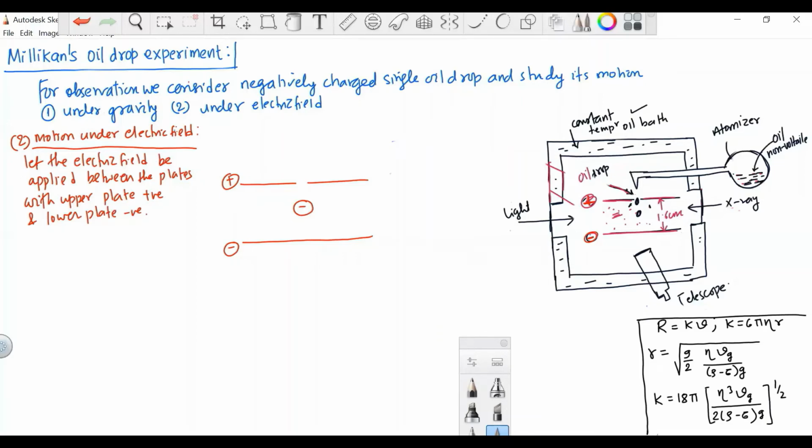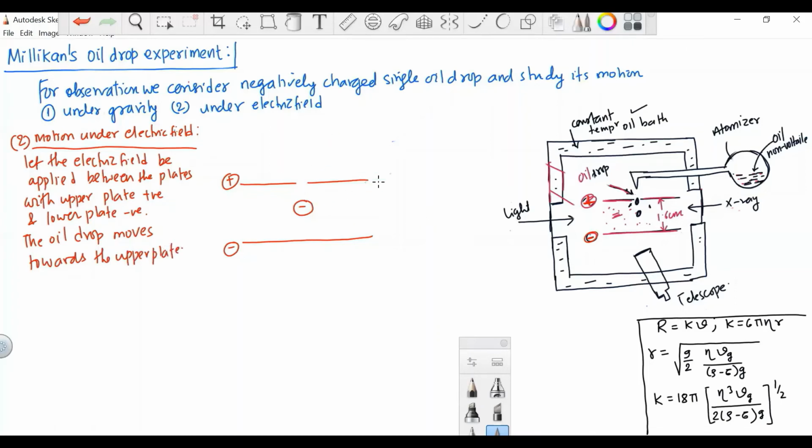So the oil drop moves towards the upper plate, clear?